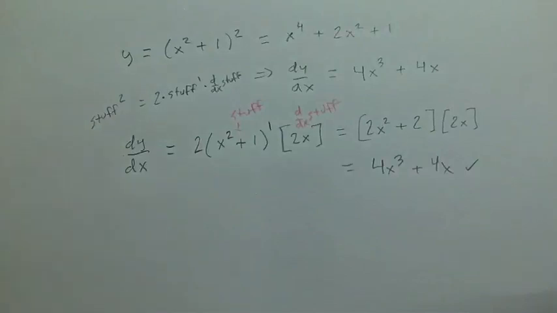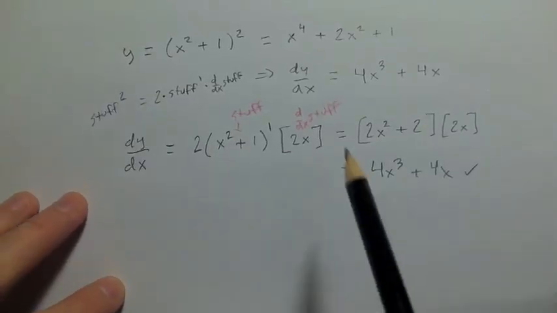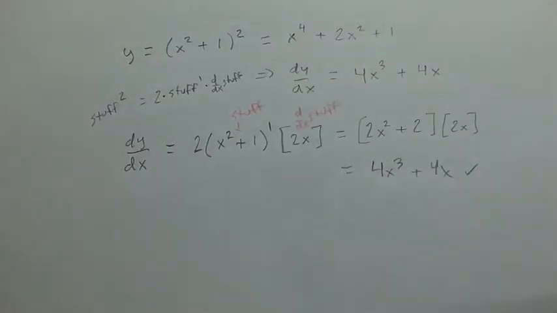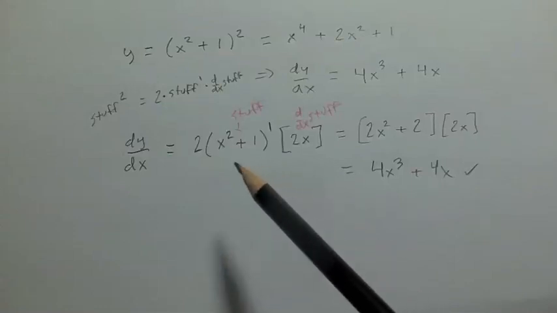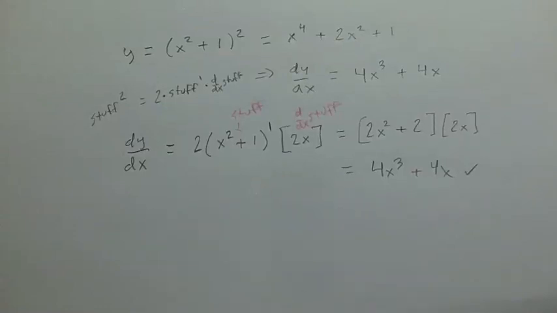In fact, that's going to be true throughout. No matter what rule you use, as long as you're using them all correctly, you're going to end up getting the same answer as someone else who maybe uses different rules. So here, if you expand and then take the derivative, or if you just go straight to the chain rule, you should get the same answer, okay, provided you did all your steps correctly.